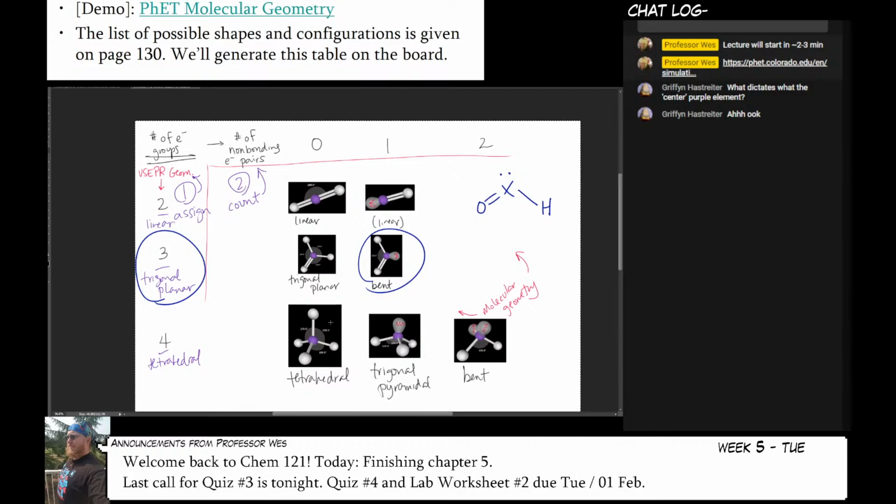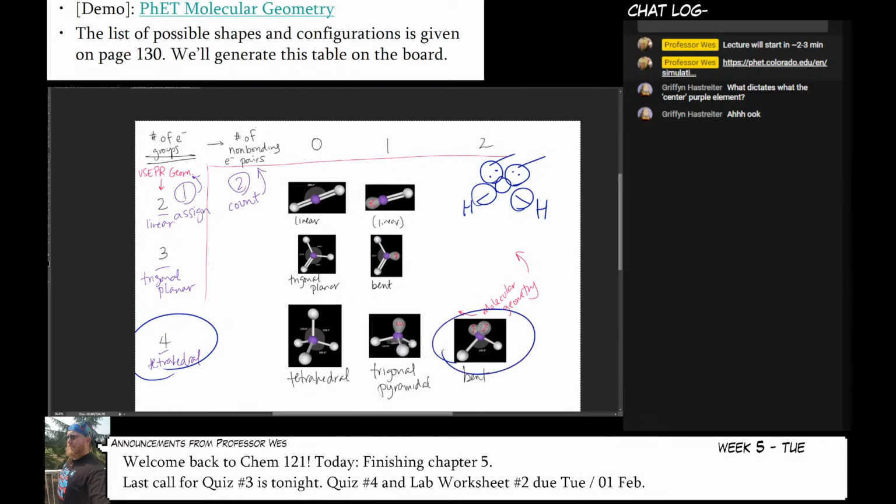If I had something that had 4 electron groups, so like maybe we'll just draw water real quick. Here's what water looks like. There are 4 electron groups, so I'm tetrahedral for my VSEPR geometry. How many of those are electron pairs? 2 of them are. There's the molecular geometry of water. So that's what you're going to be doing when we get back from the break.